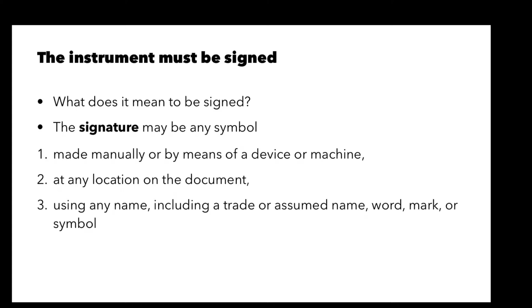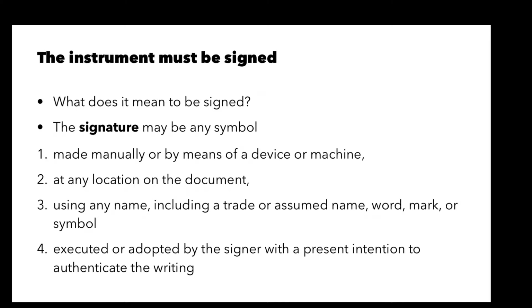You can use any name, including a trade name or an assumed name, a word, a mark, or a symbol. If you want to use an X, that can be a signature for the purposes of the UCC. A thumbprint, your initials, all of these can be signatures. A rubber stamp, an electronic signature. There's virtually no limitations on what is meant.